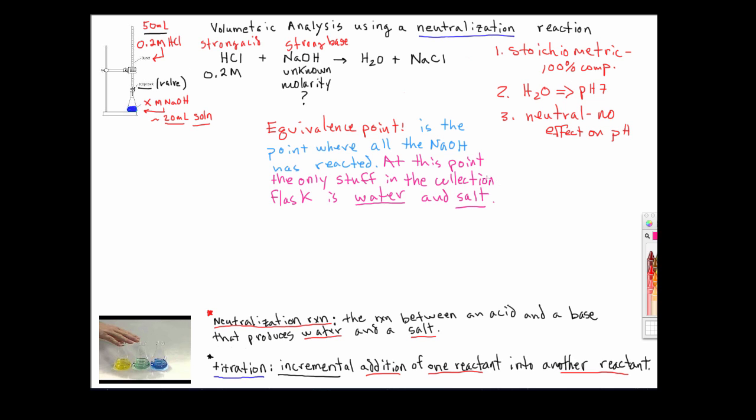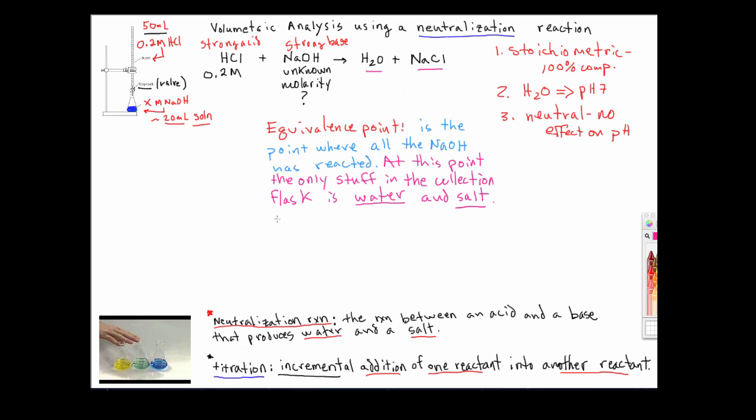That's it. That's all we got in the collection flask at the very moment where we have dripped in the last itty-bit incremental amount of HCl at the point where the last vestiges of the NaOH reacts and is gone. And at that point, the only thing in there is going to be H2O and NaCl.